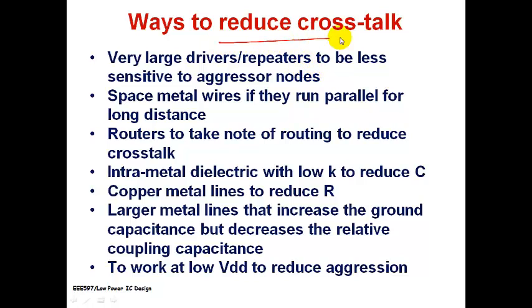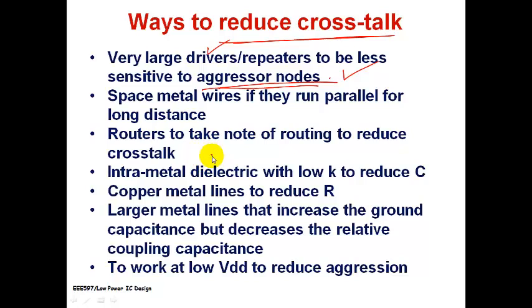Now the normal ways followed to reduce crosstalk are very large drivers and repeaters to be less sensitive to the aggressor node. Because even if there is any strong switching action there, my circuit should be flexible enough; that is, it should tolerate it.